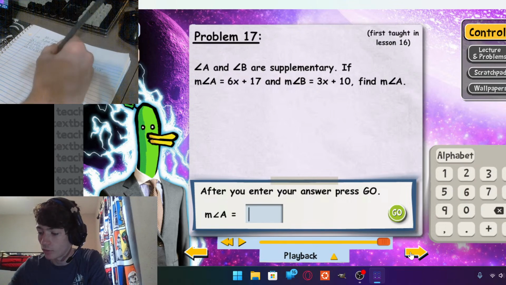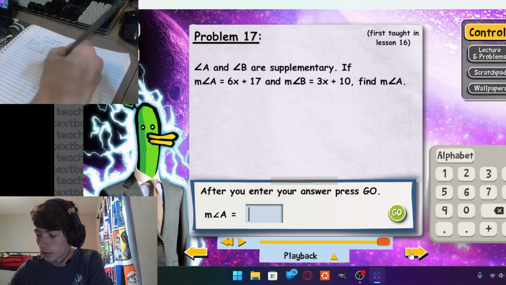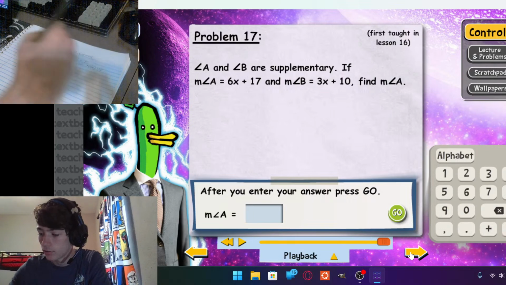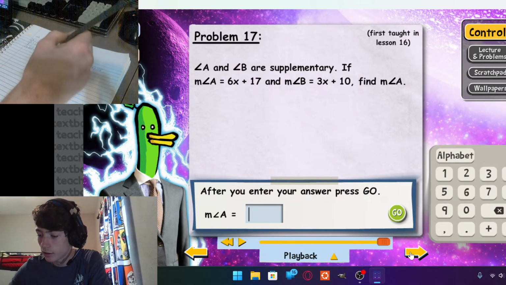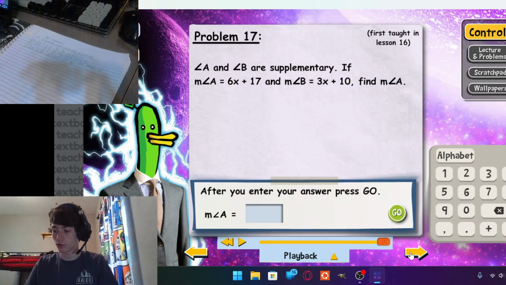You can move the plus 10 over to be minus 10, and the plus 17 over to be minus 17. Then we add 6x and 3x, and that's 9x.